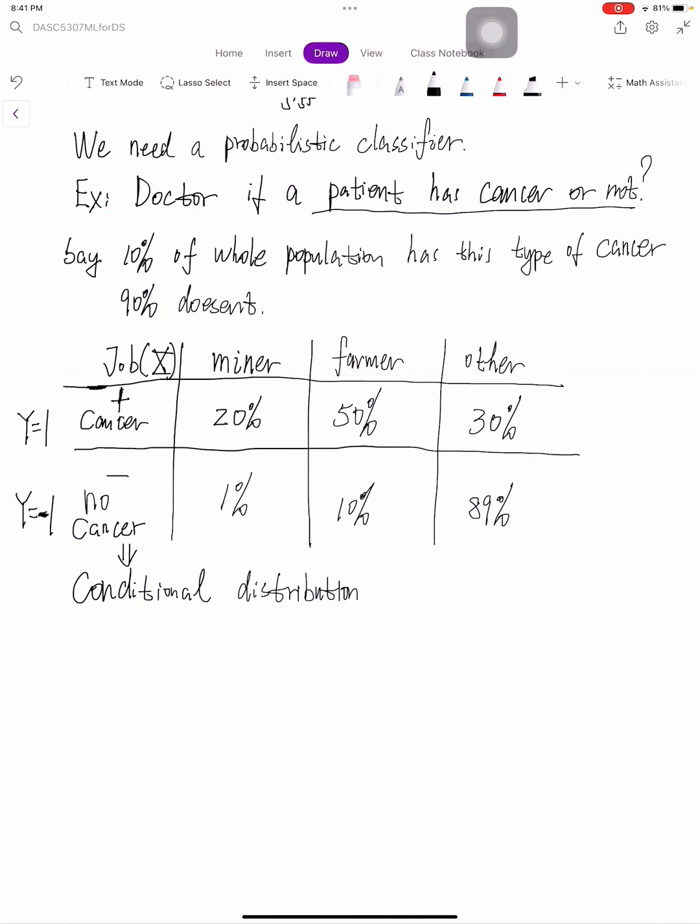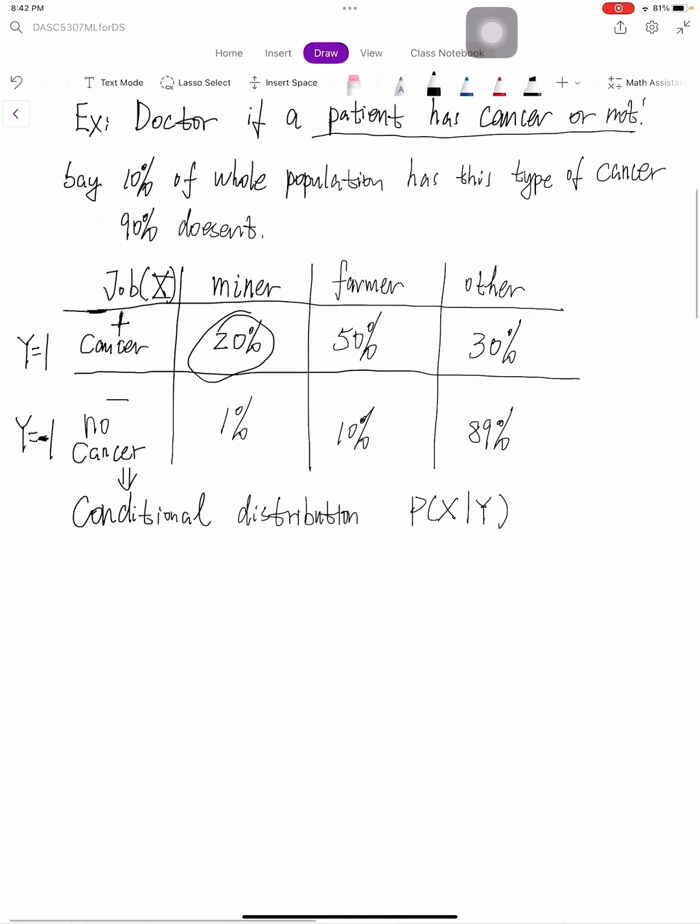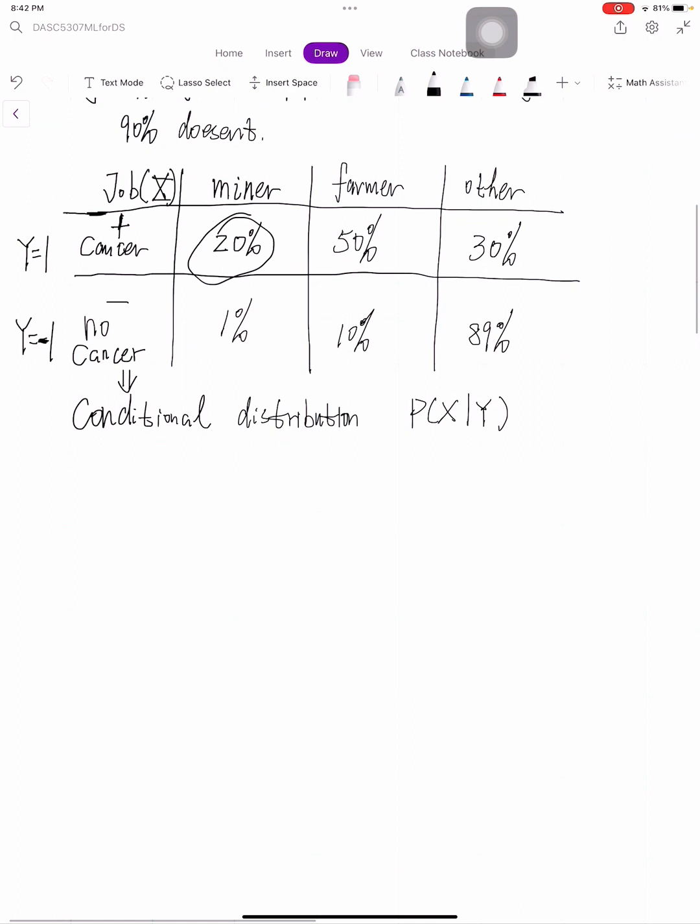Actually, if you are in a hurry and don't think carefully, you might think that 50% of the people with cancer are farmers, and only 10% of the people with no cancer are farmers. Probably you would conclude that typically a farmer, you want to classify as a cancer patient, right?